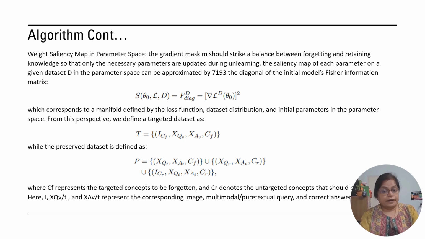So we are retaining the textual information of the complete data set, which is your forget and retain, and also the image context of the data which needs to be retained. The only part we are forgetting, where we are forcing the model to unlearn, is the image context, the visual context of this data set.